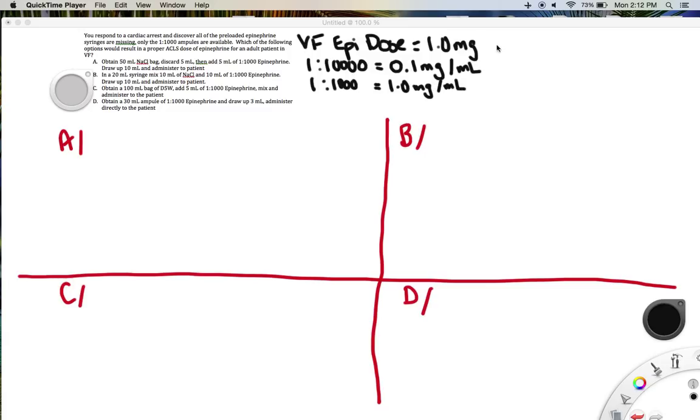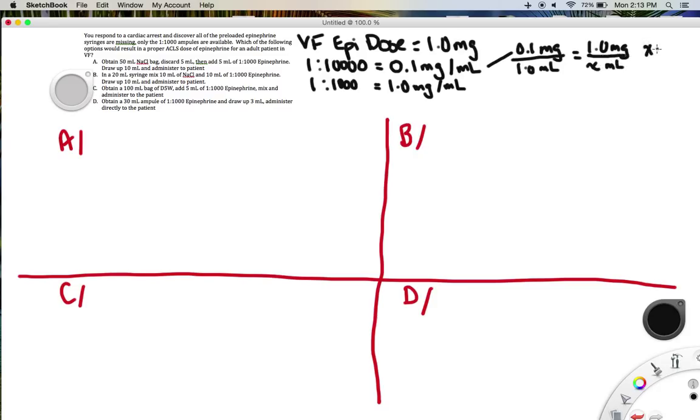So let's break this down. How much epi would I need to give to get 1 milligram of drug if I was giving 1 in 10,000? Well, you would need 0.1 milligrams over 1 mil equals, I want to give 1 milligram, how many milliliters is that?